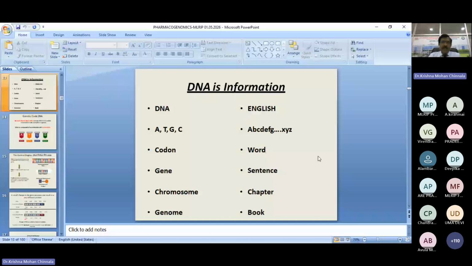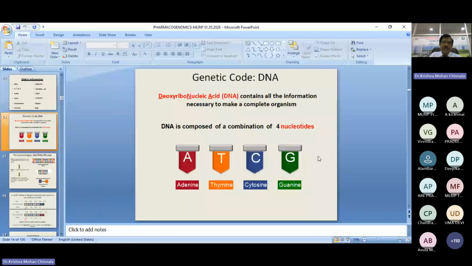So the genetic code, deoxyribonucleic acid, contains all the information necessary to make a complete organism. DNA is composed of a combination of 4 nucleotides: adenine, thymine, cytosine, and guanine. Just now we discussed ATCG. They are our alphabets in the genomic picture.